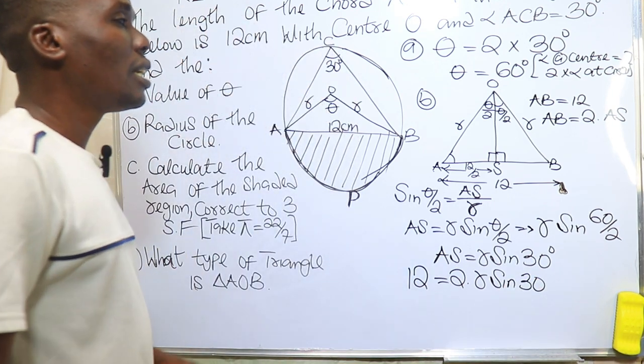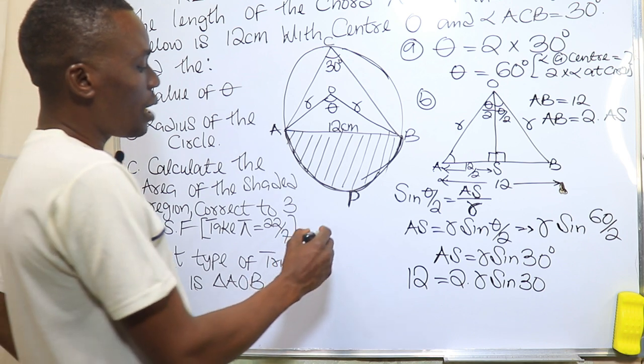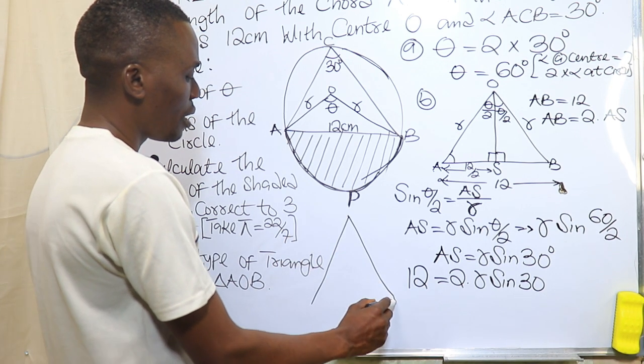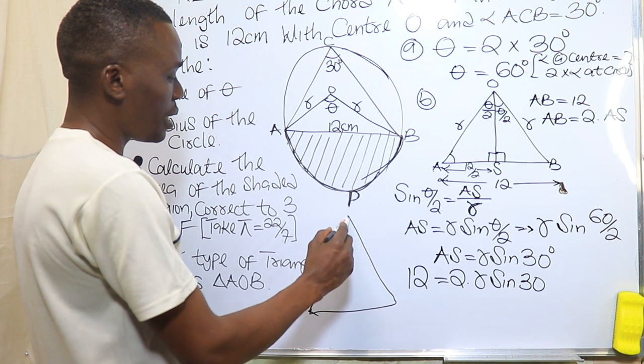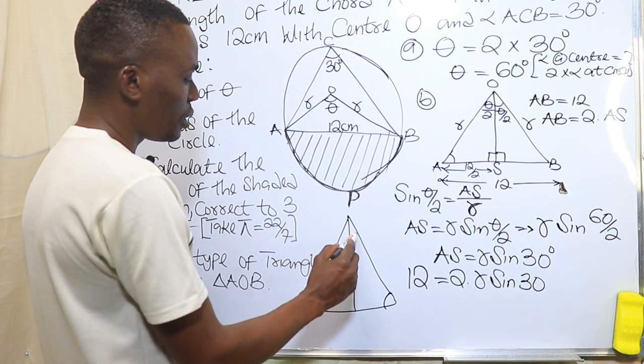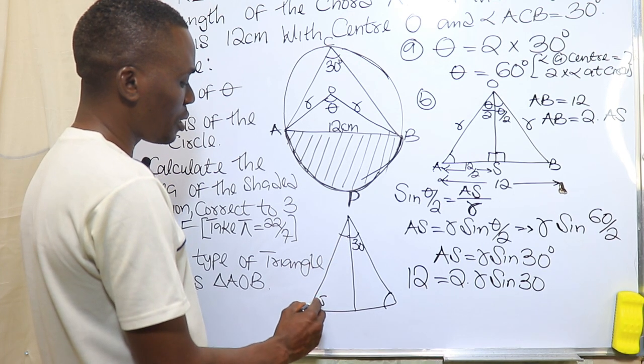And if we pick out the laws of triangles, if I remember my equilateral triangle, this is 60, this is 30. This is 30 degrees, this is 60 degrees.